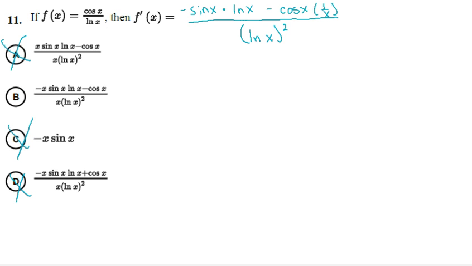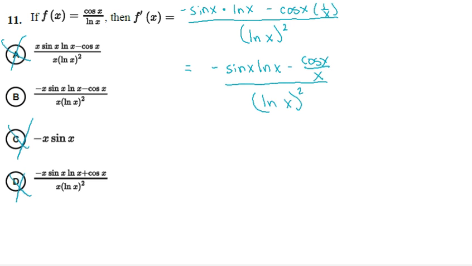All right, so this gives us for our numerator negative sine x log x minus cosine x divided by natural log of x squared. Now in this numerator, we have a subtraction here, but we don't have the same denominator.